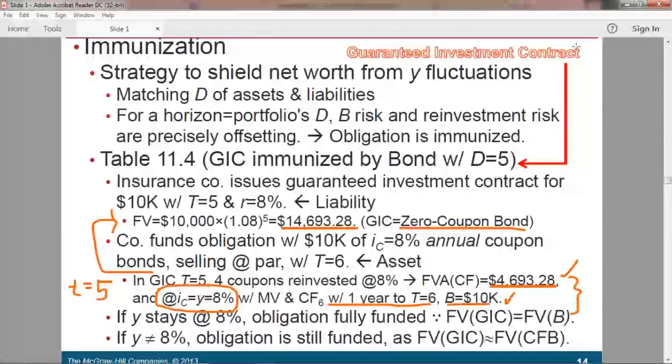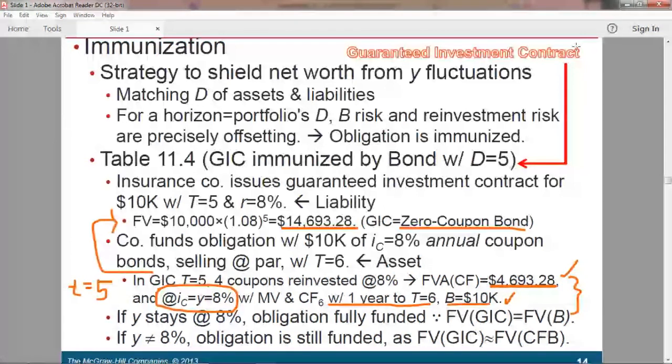Then at the end of year 5, you have to pay $100,000. And you prepare those $100,000 by investing in bonds today, so that at time 5, the future value of the bond will be equal to $100,000, right?